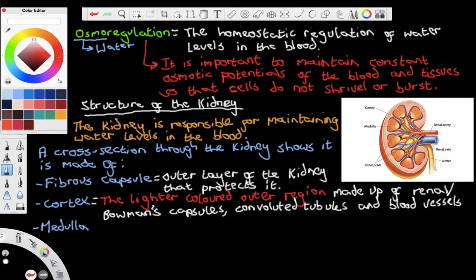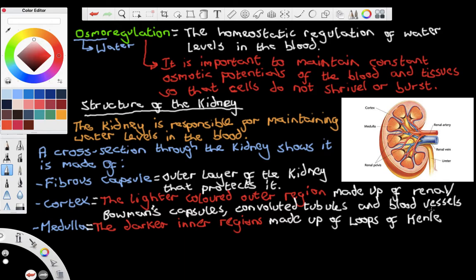These are the darker inner regions of the kidney, made up of loops of Henle, collecting ducts, and blood vessels.